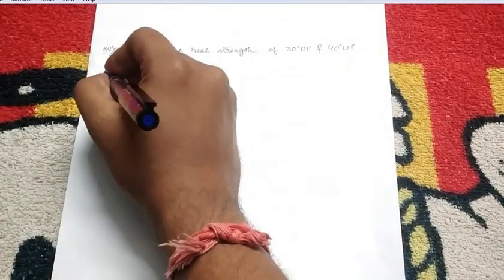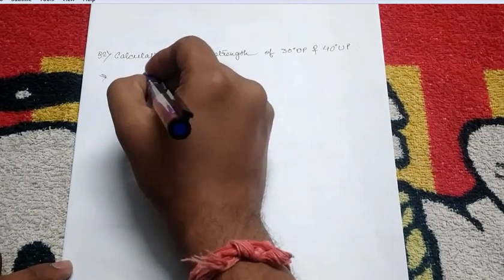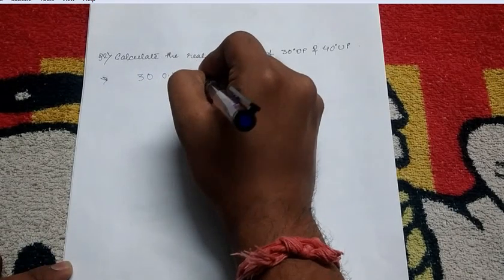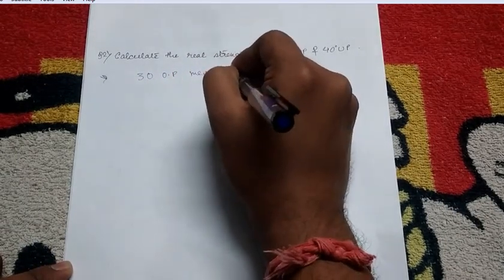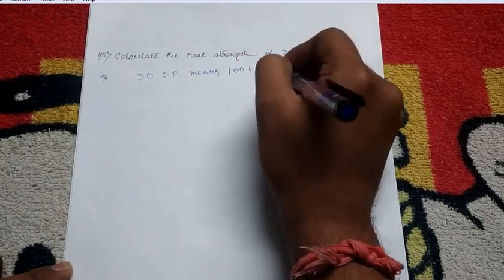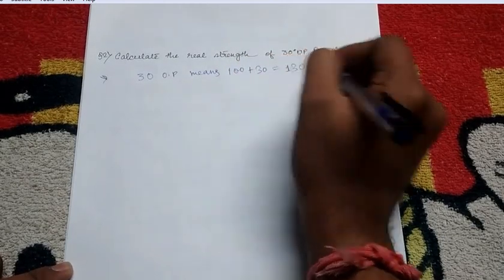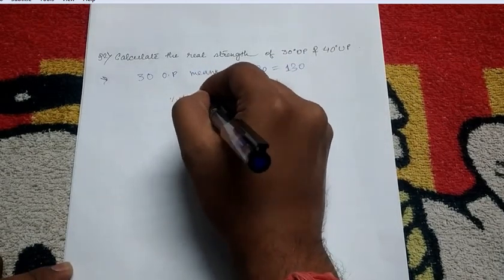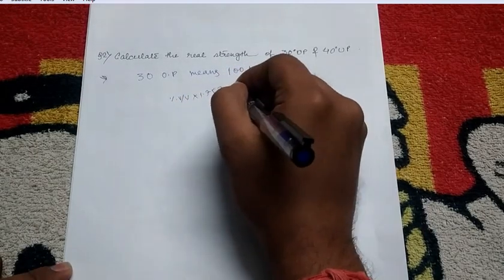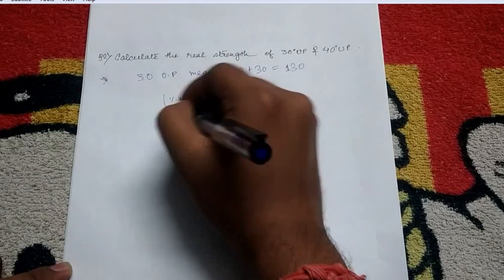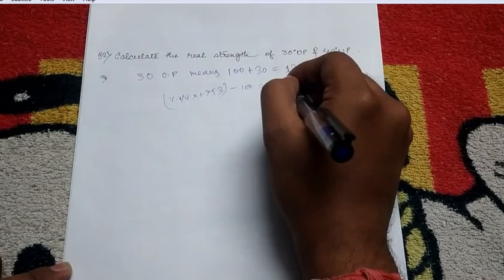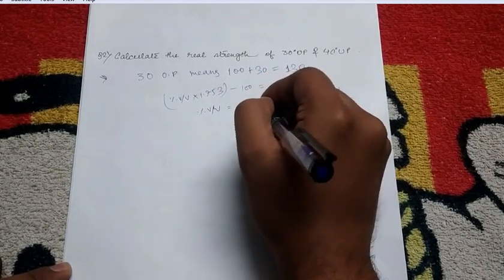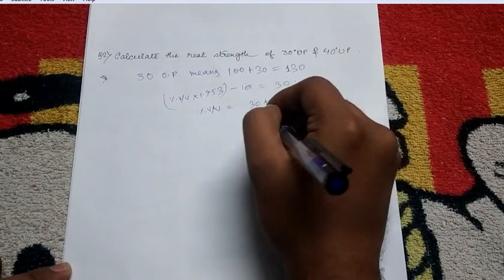Yes. Now what we have here is that 30 overproof, which means it is 100 plus 30, that is 130. Or you can use the formula also, percentage V by V into 1.753 minus 100 equal to, overproof is given 30, so percentage V by V equal to 30 plus 100 by 1.753.